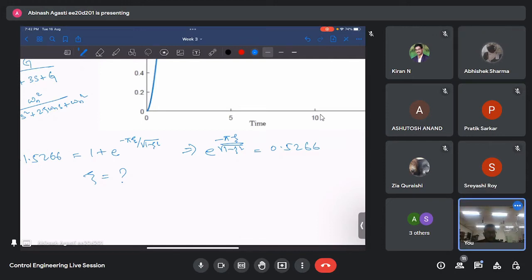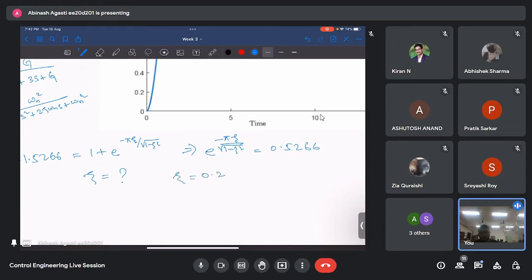That seems a bit wrong. Can anyone else answer what they have got? I think the answer is zeta equal to 0.2.